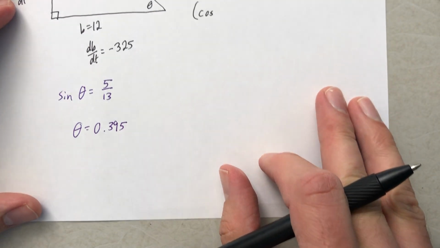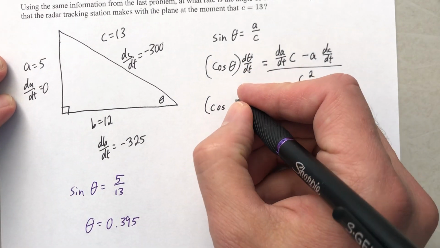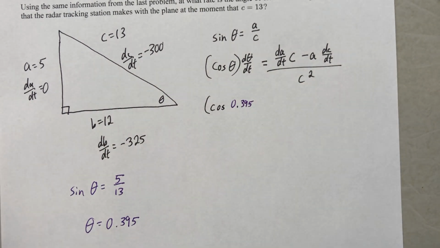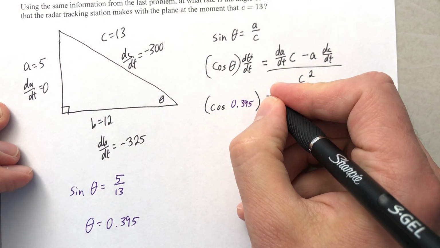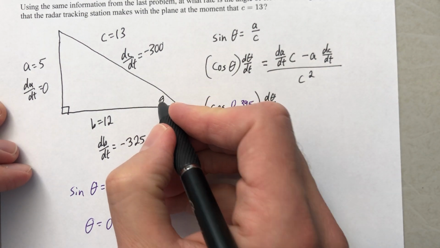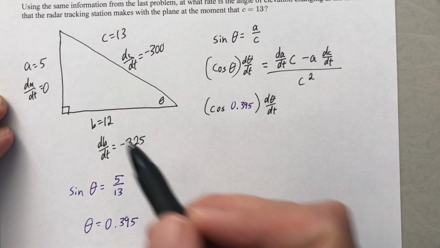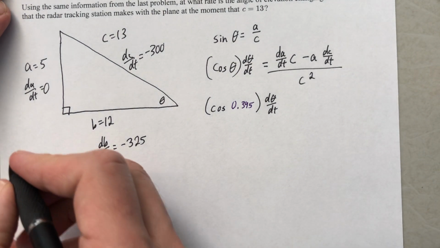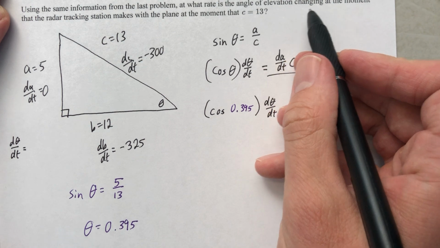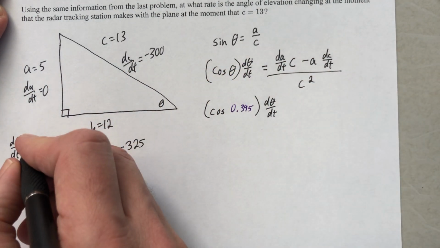We now know what theta is, but I'm not just going to use 0.395. I'm going to use everything in my calculator as we move forward. So cosine of 0.395 times d theta dt, because that's what they're asking: at what rate the angle of elevation is changing.